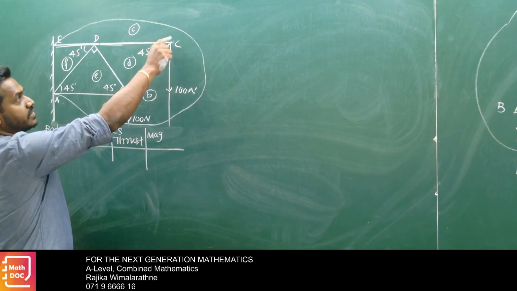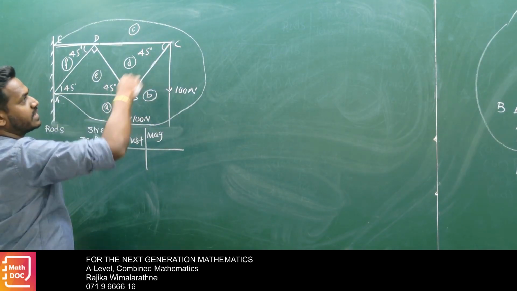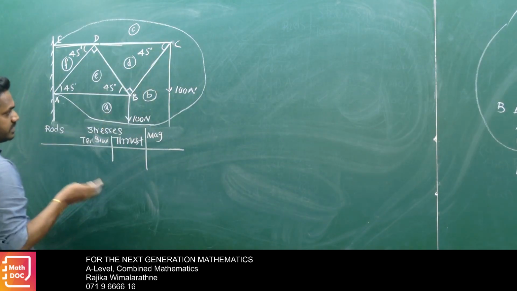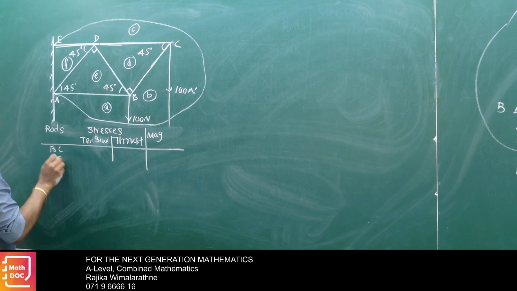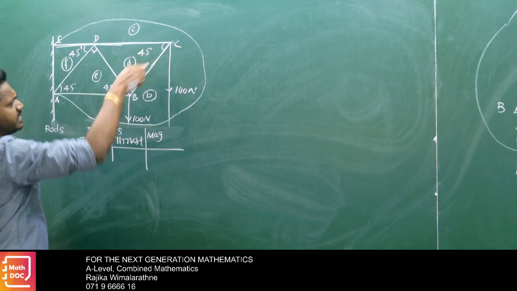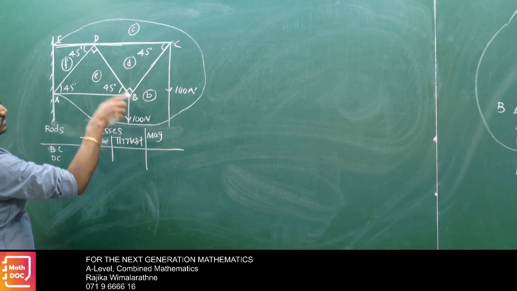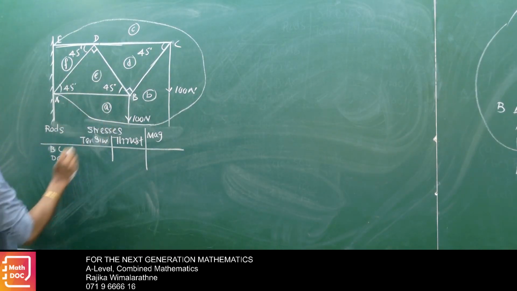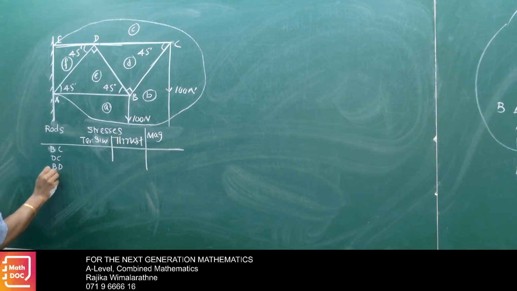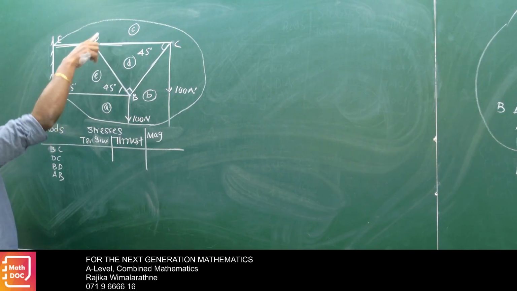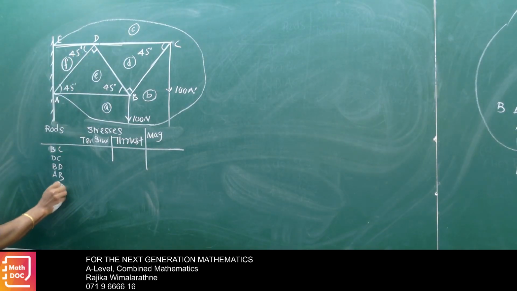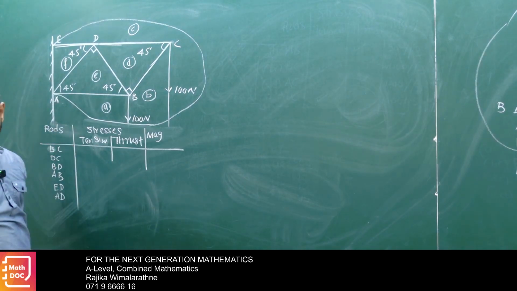You can start from here, then you better get BC and DC rod first. BC, DC first. Then we can go to B now. Then take BD, AB. Then you can go to here now. Then ED, AD. Likewise, we better get that order.